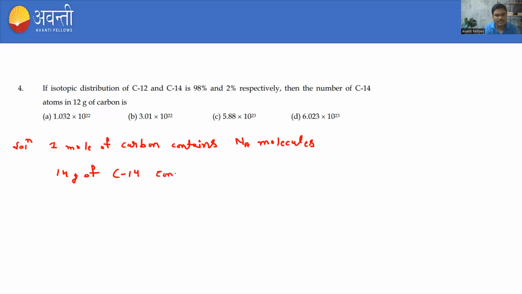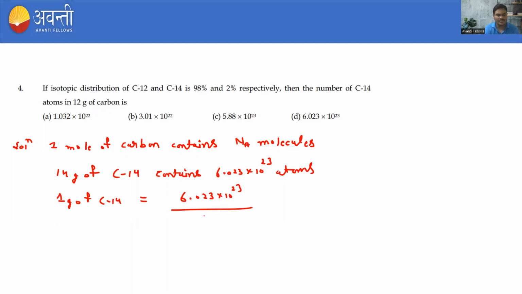Na means 6.023 × 10^23 atoms. So 1 gram of C14 is equal to 6.023 × 10^23, that is Avogadro number, divided by 14.